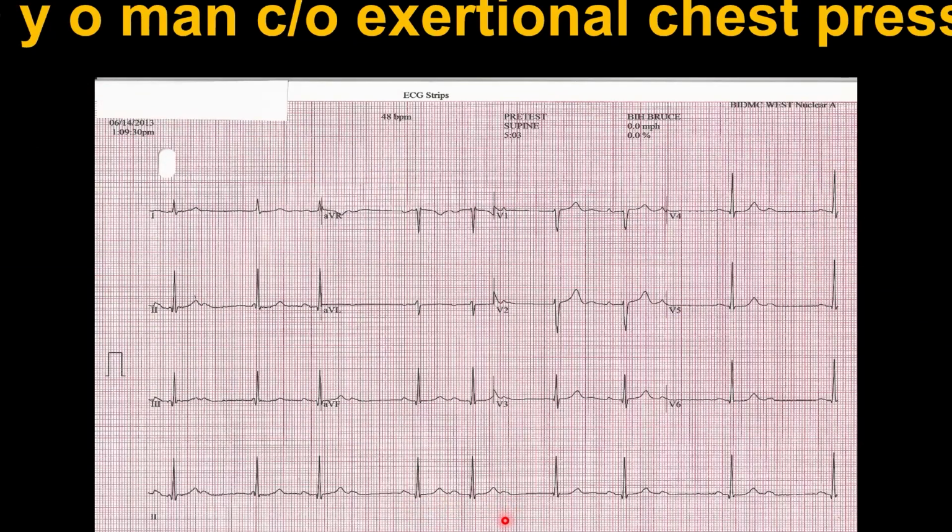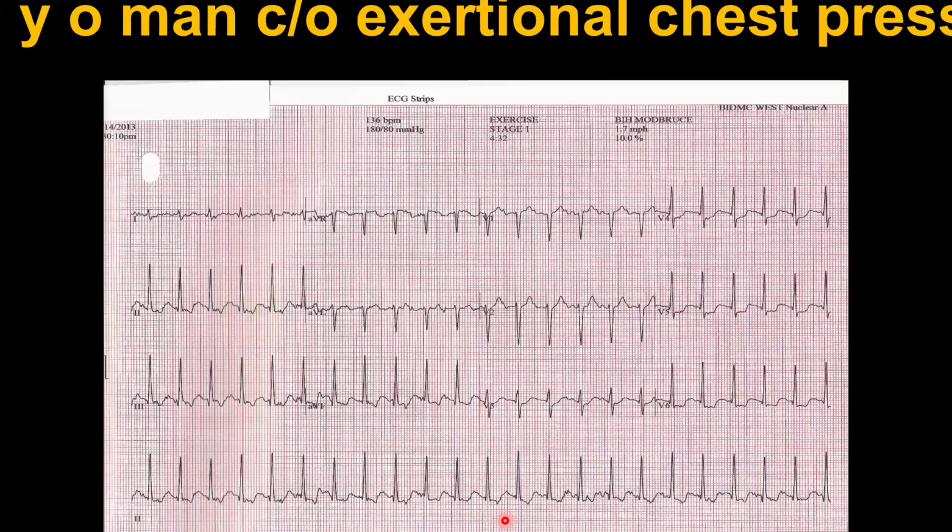So he has Wenckebach conduction. And then when he exercises on the exercise test, he has 1-to-1 conduction. This is sinus tachycardia, right? 1-to-1. Yeah, every QRS is preceded by a P wave. So conduction improves with exercise in Wenckebach.